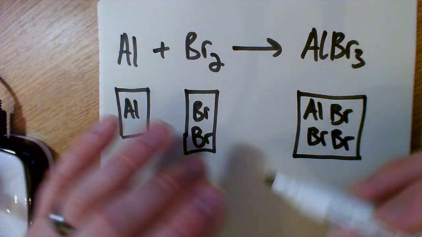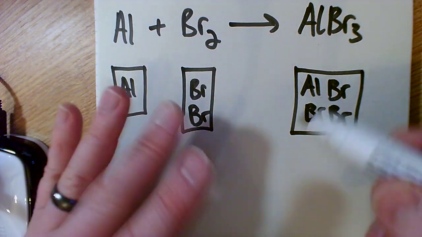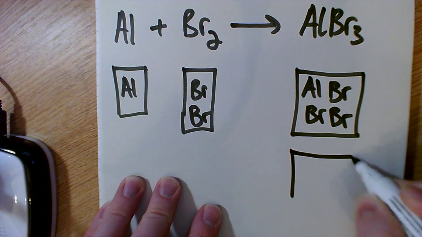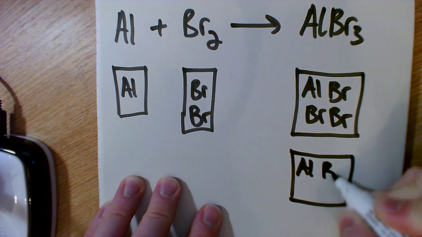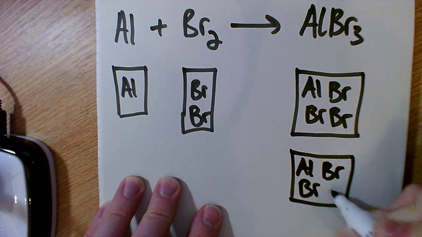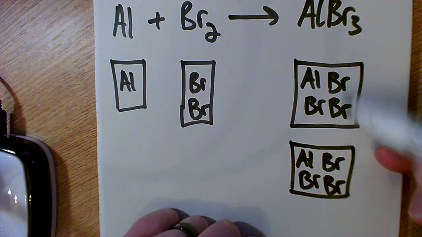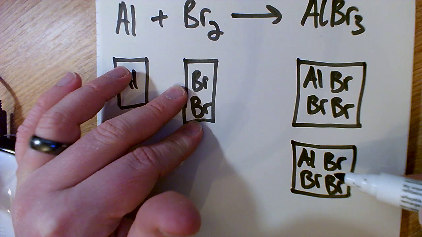So I need to start to add boxes to see if I can get this to balance. So I'm going to add an extra box here. So that means I've got Al, Br, Br, Br. I've now got 6 of the Br atoms and I've got 2 over here.